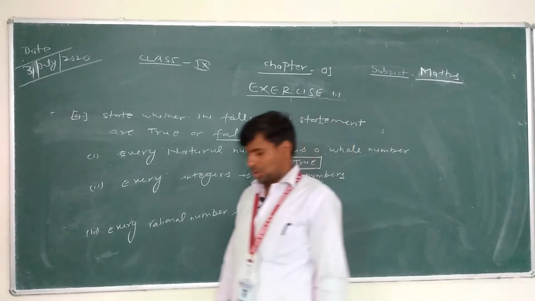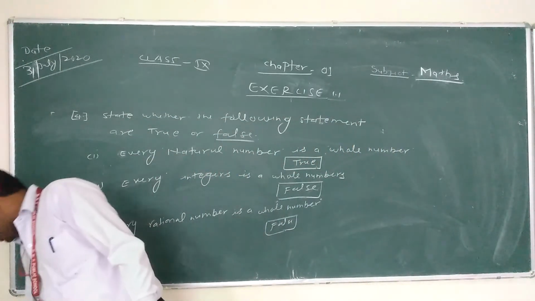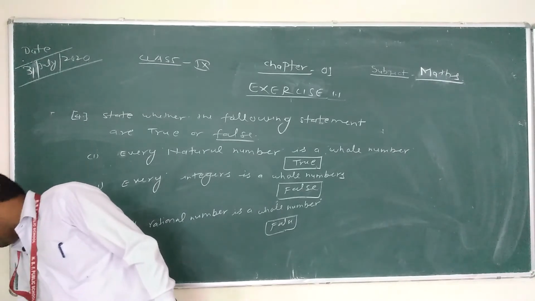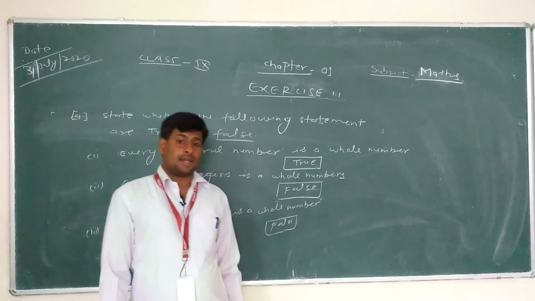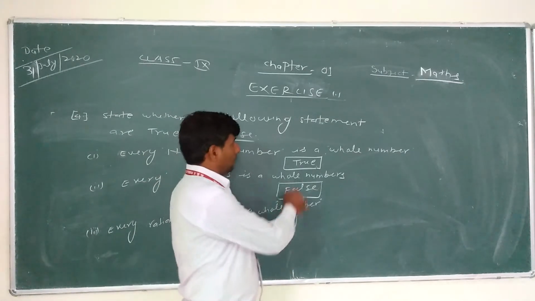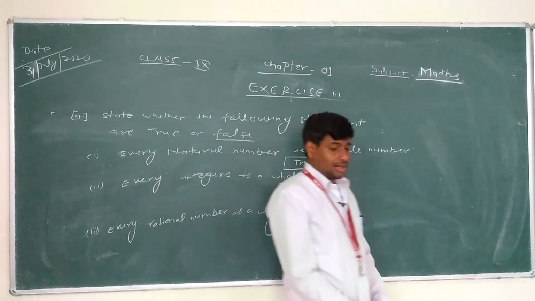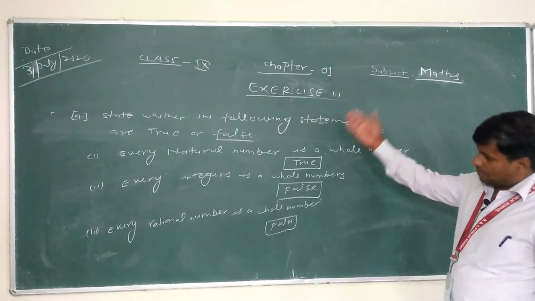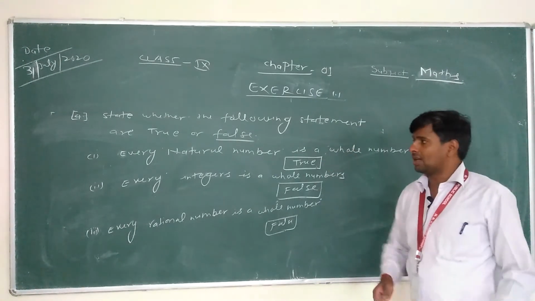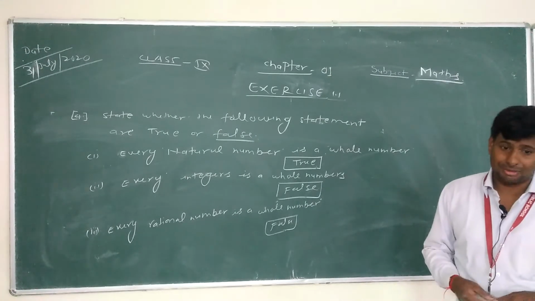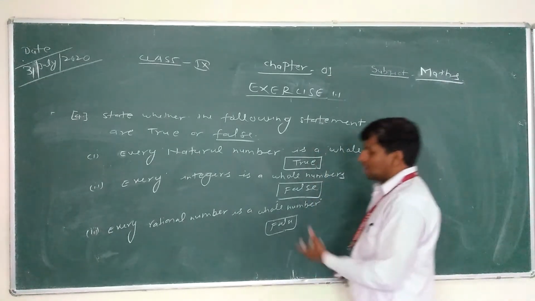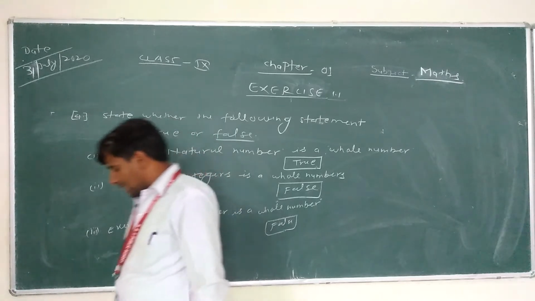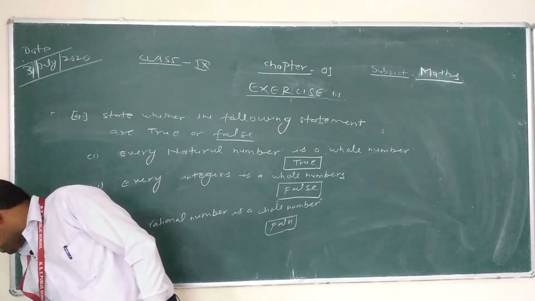Any problem? So in this way, students of class 9, we completed exercise 1.1 of the first chapter, that is number system. In exercise 1.1 we confirmed only rational numbers. Then in the second exercise we will discuss irrational numbers.